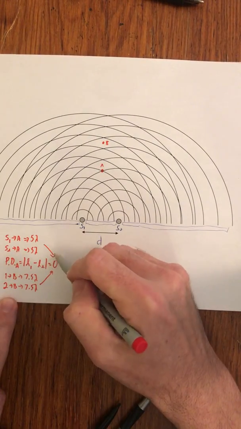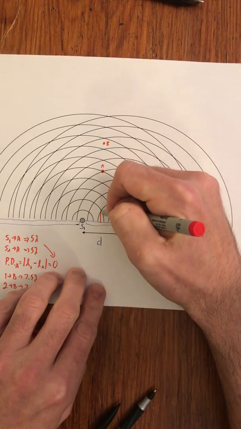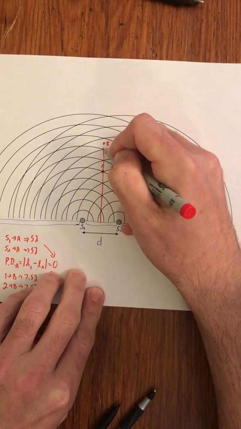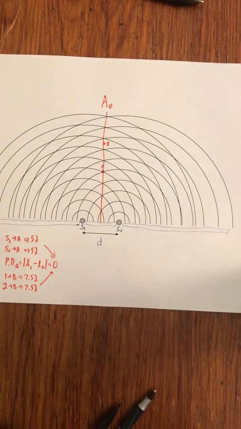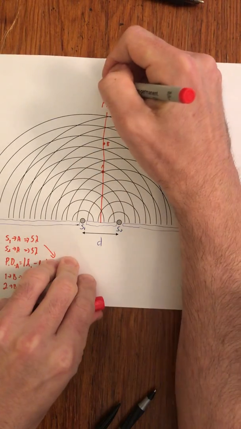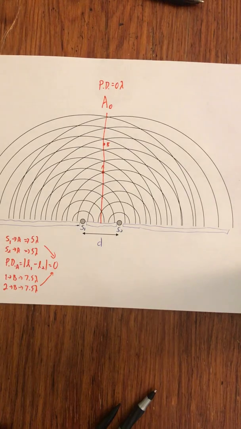And notice the path difference for every point along that line is exactly 0 wavelengths. And so that's why this is the principal antinodal line. It is a line along which the path difference is always exactly 0 wavelengths.